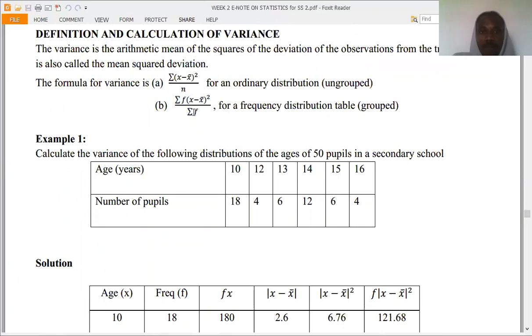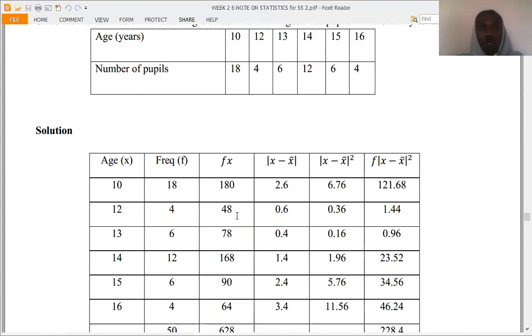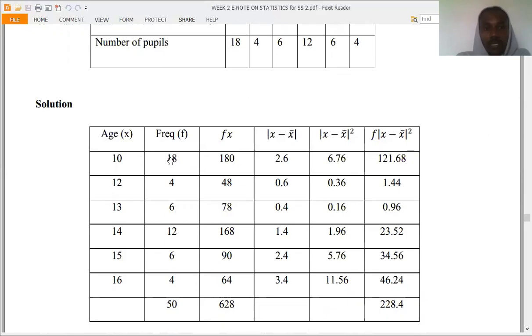We also need f, or summation f. Don't forget that x bar is the mean of the data set. From the formula of the mean, summation f of x over summation f, we also need fx. That is why we take the product of the ages by the frequencies. So 10 times 18, 180, 12 times 4, 48, 13 times 6, 78, and so on, 14 times 12, 168, 15 times 6, 90, 16 times 4, 64.